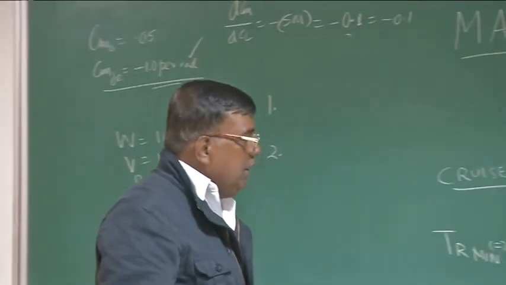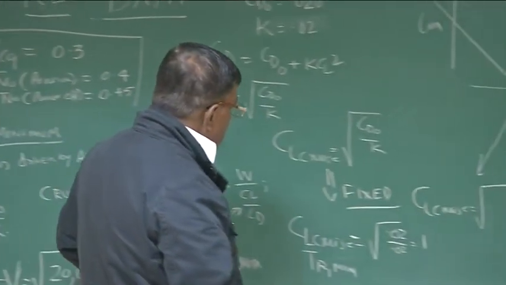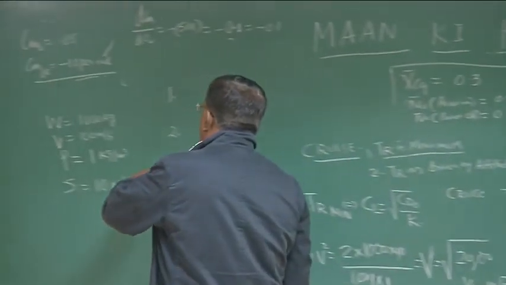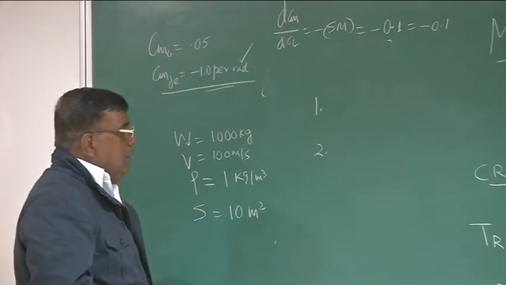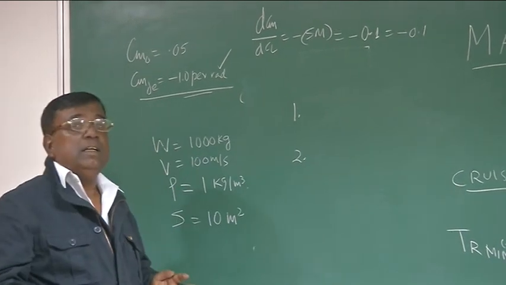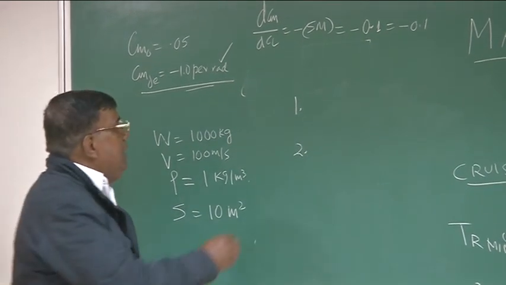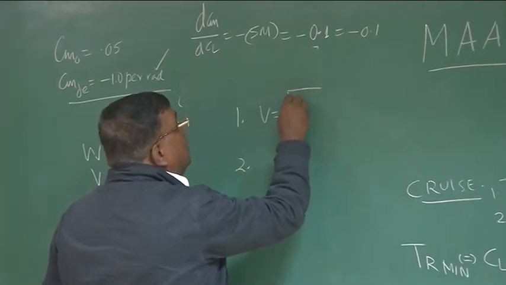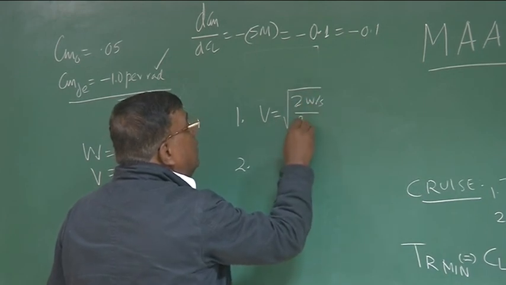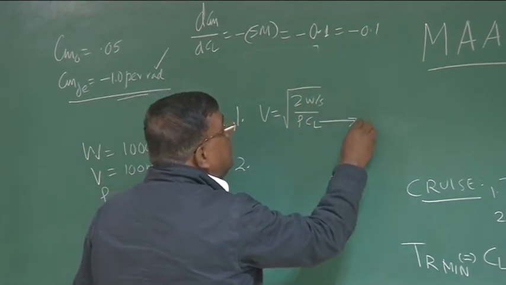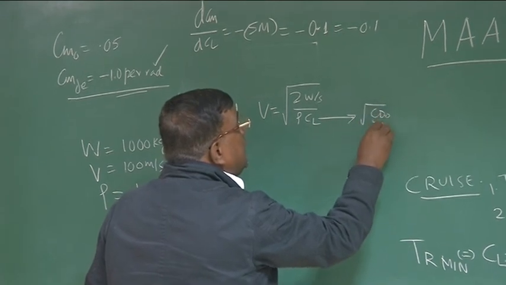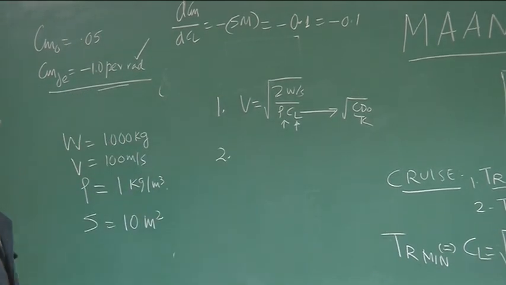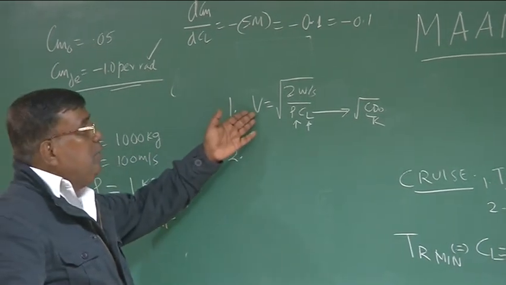What is our observation? We said that to fly at thrust required minimum at a given altitude where rho is 1 kg per meter cube, the V you have to fly will be governed by this relationship, which comes from lift equal to weight, and that is 2 W by S rho CL, and CL corresponds to CL equal to root of CD naught by K. So, once you have fixed rho and once CL is fixed from the condition thrust required minimum, then the V cannot be arbitrary.